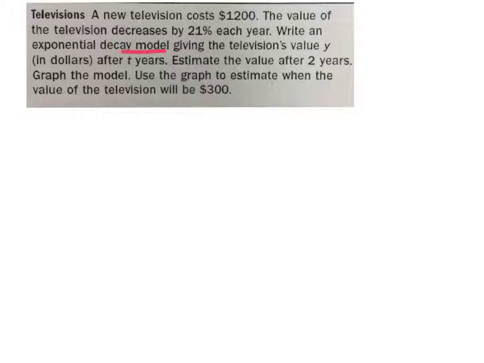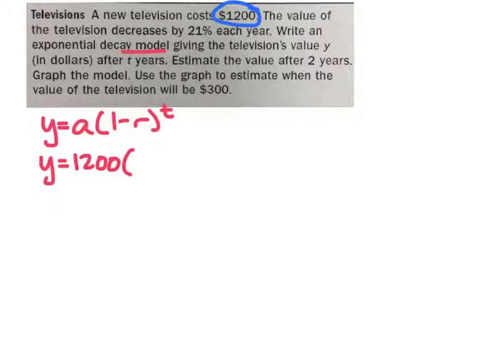So I know that it needs to go off of y equals a times (1 minus r) to the t. Well, what's a? A is that initial amount. That's how much the TV was originally worth. So a equals 1,200. Now it loses 21% each year.